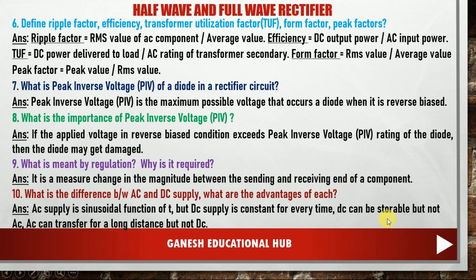DC can be stored but not AC. We can store DC voltages but not AC. AC can be transferred over a long distance but not DC.